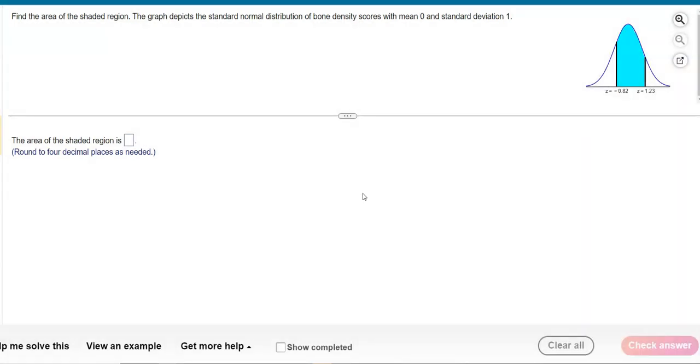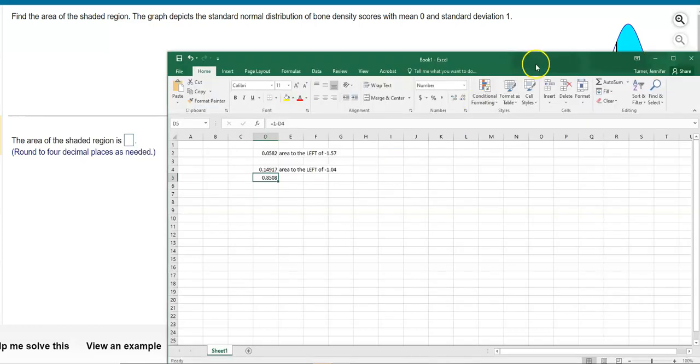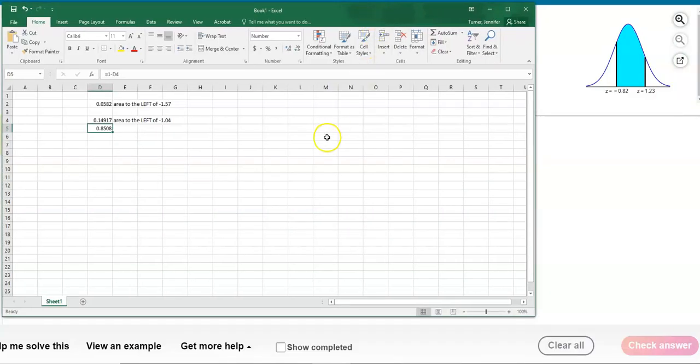This question now is asking us to find the area between two values. So when we have to find the area between two values, we're basically going to have to do what we just did twice. Again, the norm dist function will only give us the area to the left of a particular value. So we're going to have to find the area to the left of the 1.23, which means from here and all the way forever to the left.